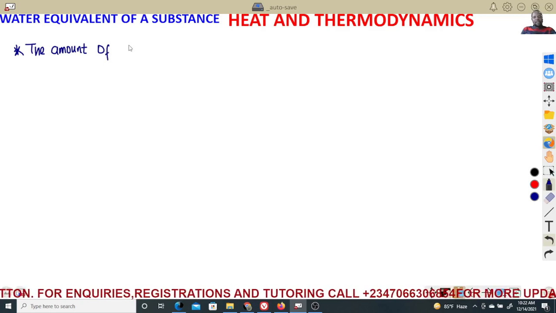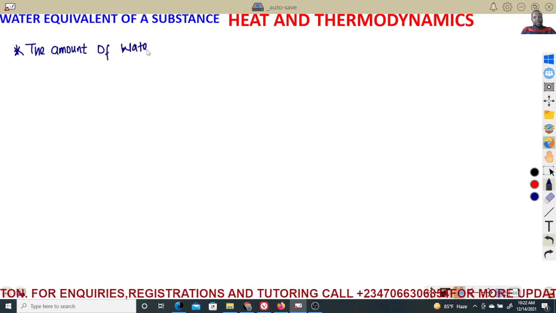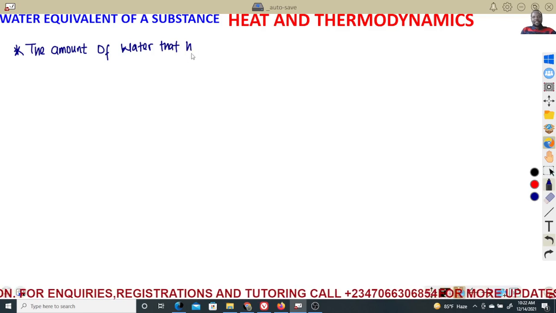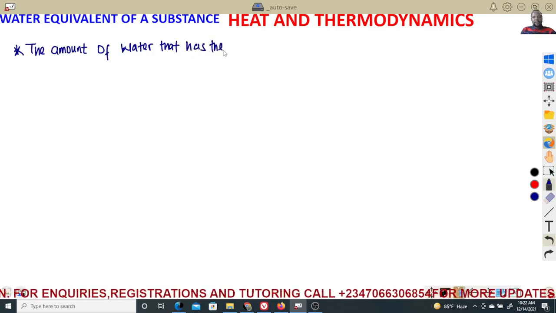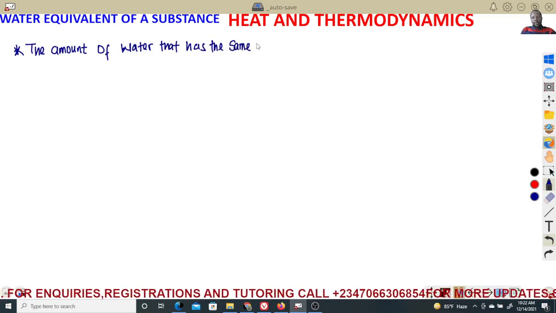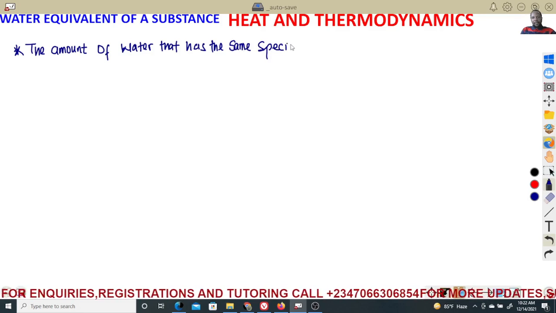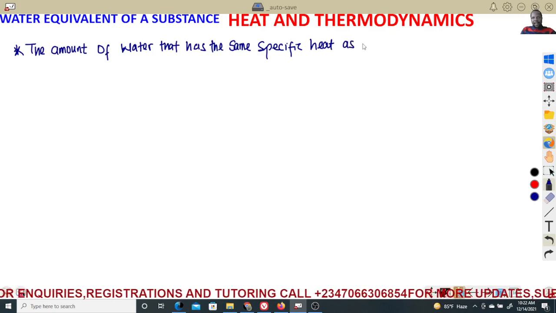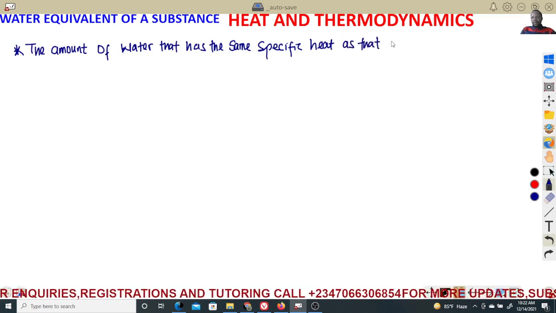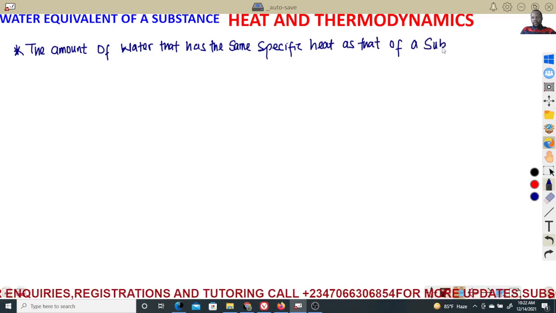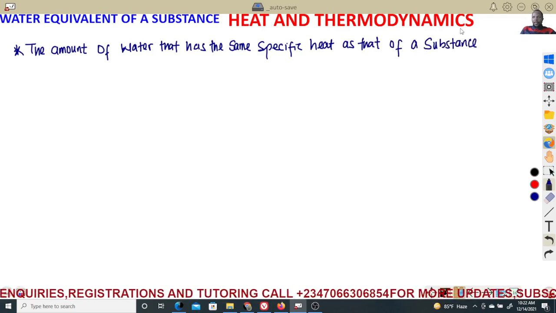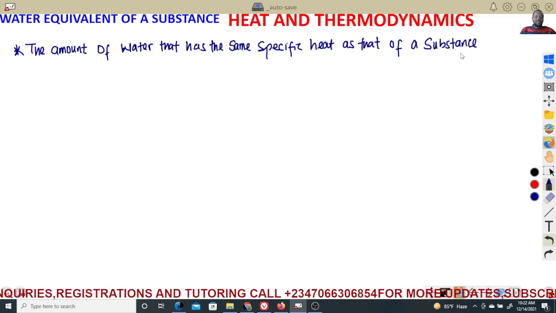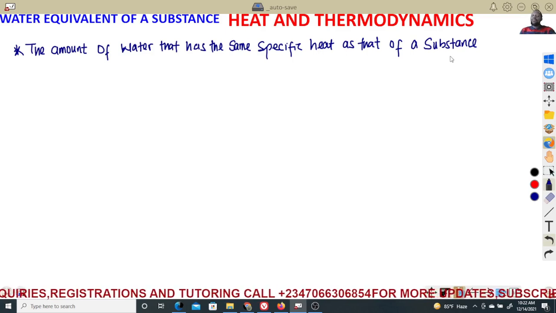We say the amount of water that has the same specific heat as that of a substance is tagged as what we call the water equivalent of a substance.